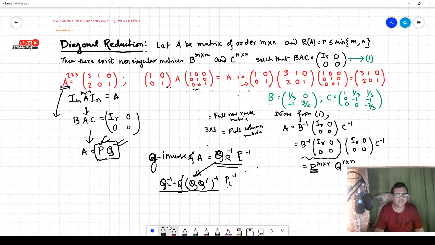No. QL, oh sorry, QL is a full column rank. So QL inverse exists.